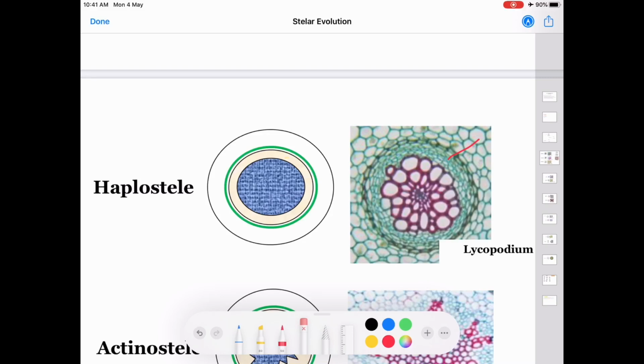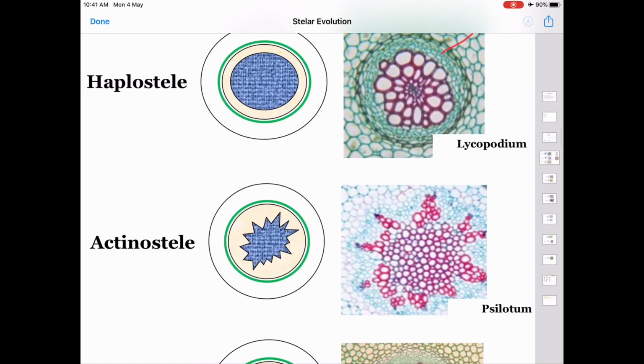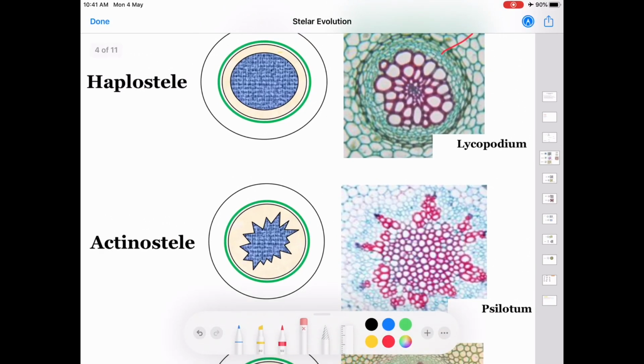Now, the second one, the actinostele. This is seen in Psilotum. In actinostele, the xylem is with radiating walls. See this, radiating wall, or it is star shaped.